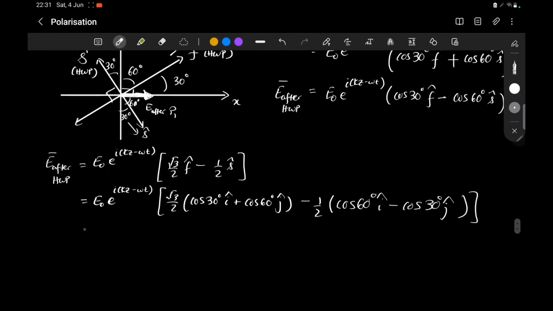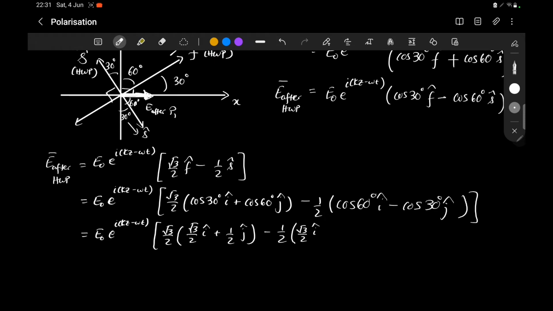So let us put in the values for the cosine 30 degrees and 60 degrees. Cos 30 is root 3 by 2, cos 60 is half.